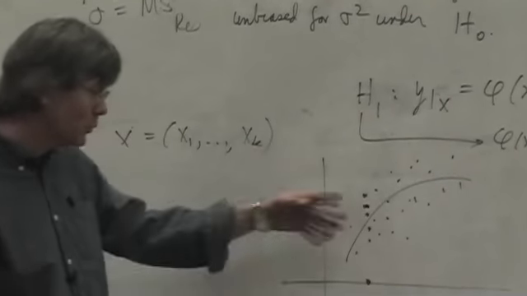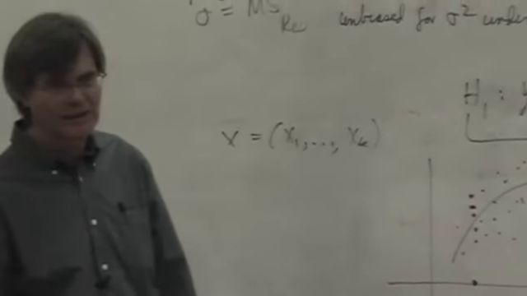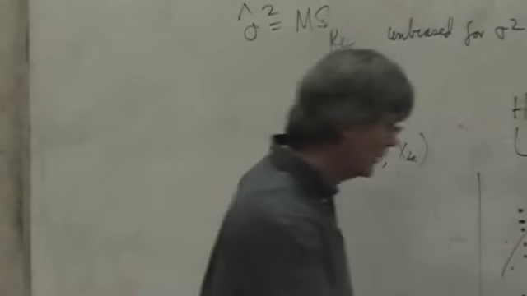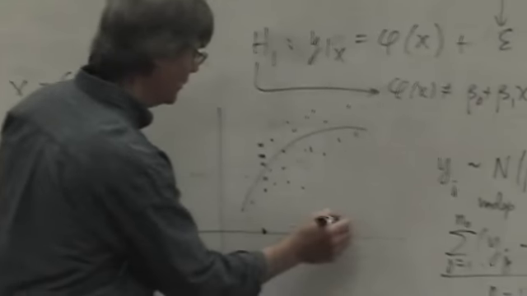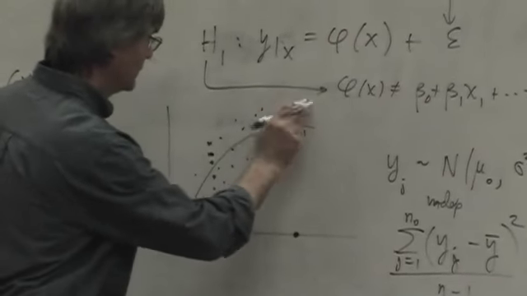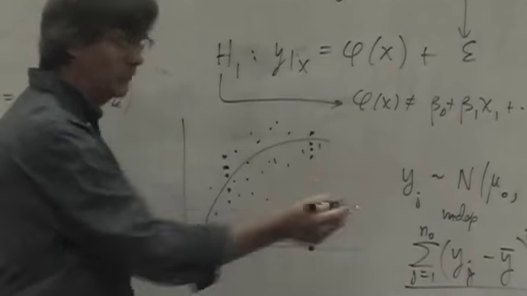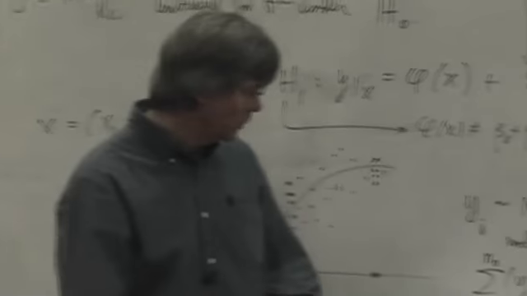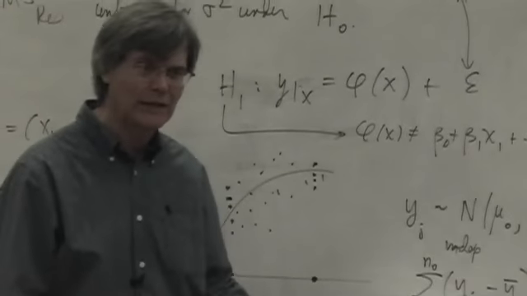What I could do then is pool the sums of squares and get a pooled estimate of sigma squared. So every time I have repeated measures at a particular input, I can do this operation and get a sum of squares. What I'll do is I'll just multiply the n naught minus 1 to the other side.